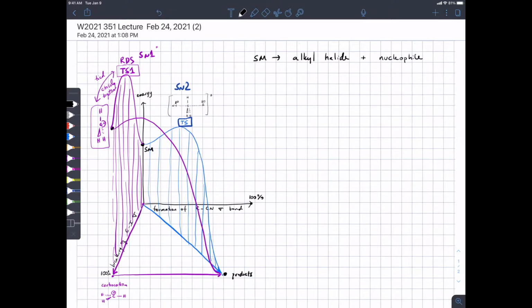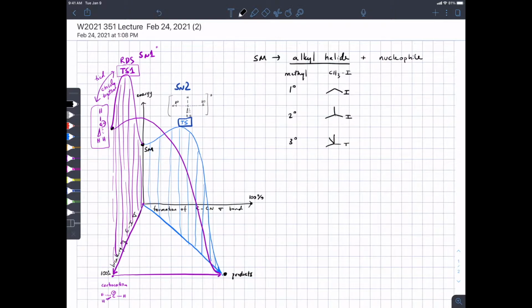And the options for alkyl halides include methyl alkyl halides, which is just like methyl iodide, or primary alkyl halides, where one of those three hydrogens on the carbon that has the leaving group has been replaced by another carbon, secondary alkyl halide, or tertiary alkyl halide.